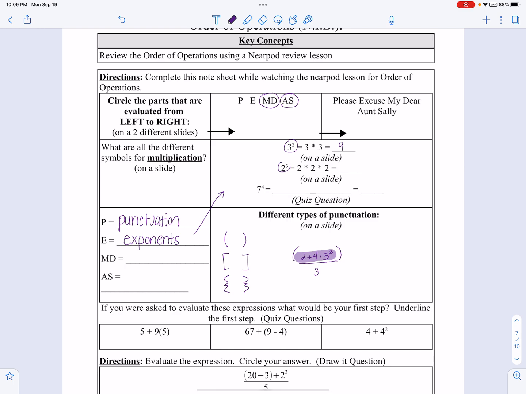This is 2 to the third power, which means 2 times 2 times 2. So we have 2 times 2 is 4, and 4 times 2 is 8. Okay, and then 7 to the fourth power means 7 multiplied 4 times. So 7 times 7 times 7 and times 7.